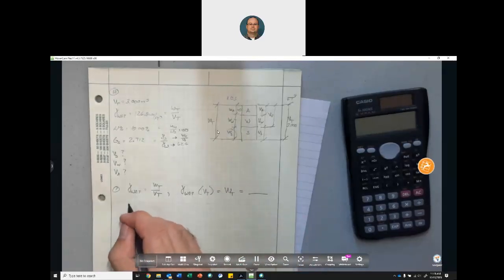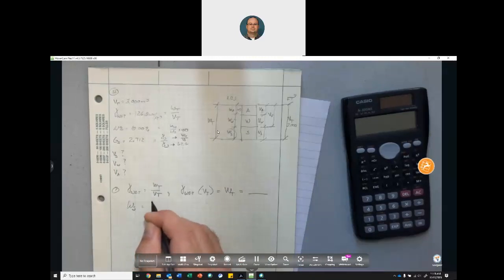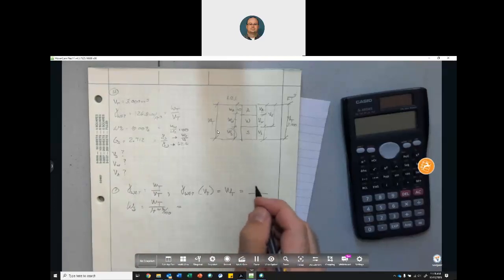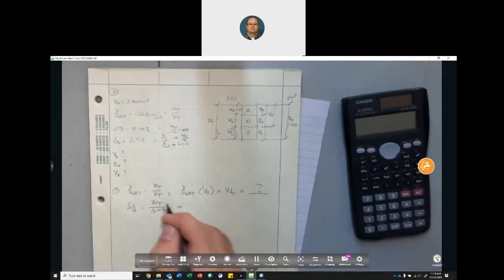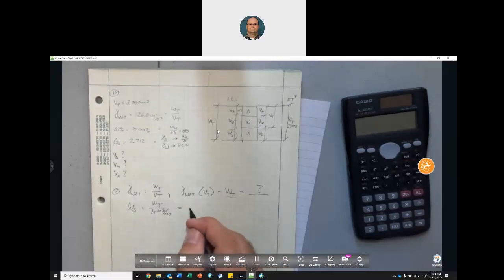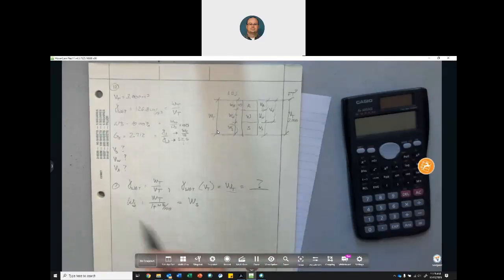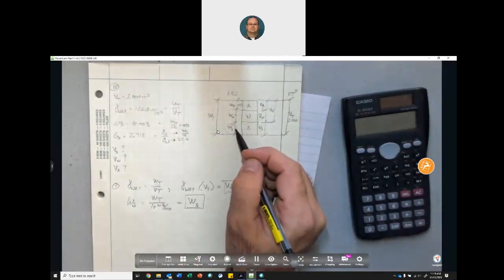Now I can take weight of solids equals total weight divided by 1 plus water content divided by 100. So this total weight goes here, and that'll equal weight of solids. Okay? So once we find that, that's a start. We want to find weight of solids with total weight. All right. So we have weight of solids.